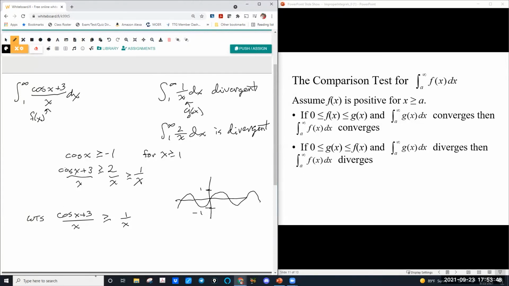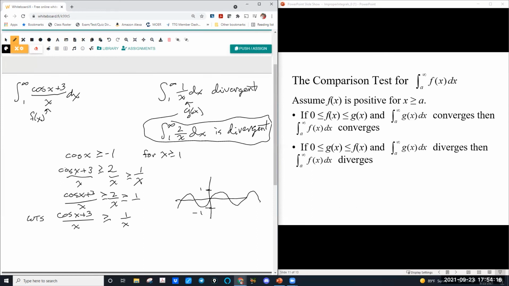So sometimes, and you'll see it in some of the examples, it's to our benefit to double or cut in half or something our integral to get this inequality to be the way we want it to be. So we have 2 choices. We can either go with cosine x plus 3 over x is greater than or equal to 2 over x, because, hey, we know that's divergent.